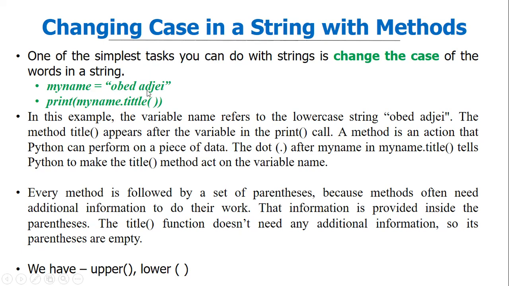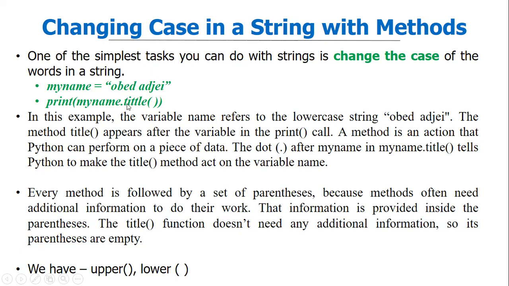So I have a piece of data over here, obj, and I really want something to be performed on that piece of data. What do I want? I want the case of this to be changed to sentence case. That is, the first letter of each word should be a capital, and therefore I'm bringing the title method.